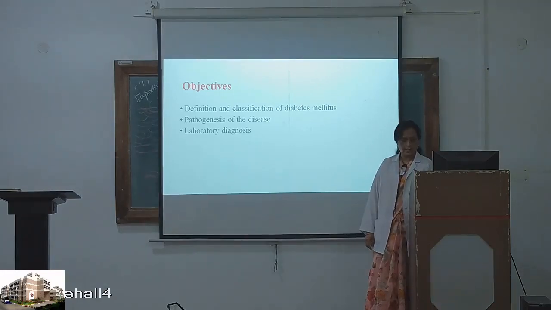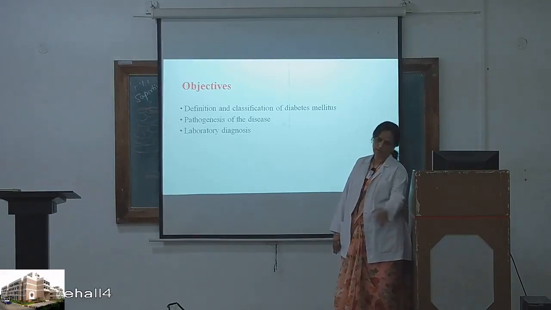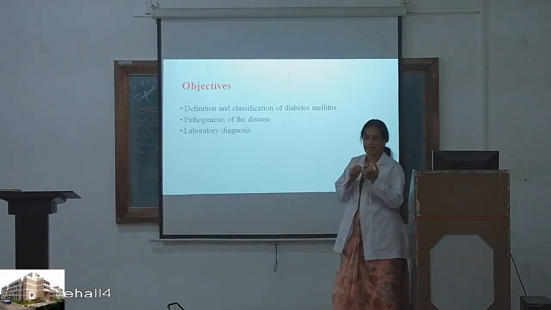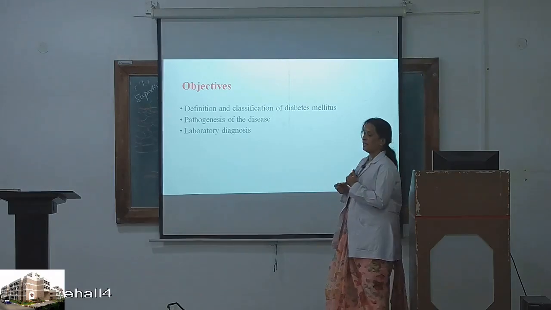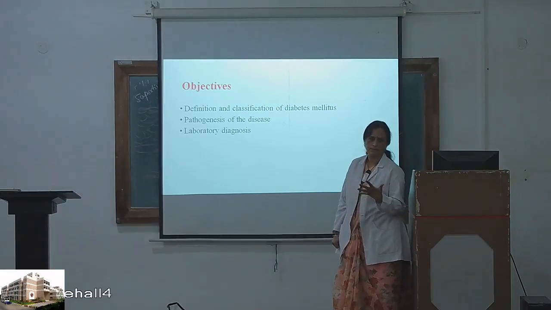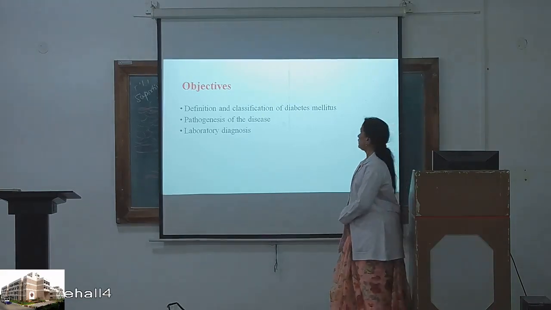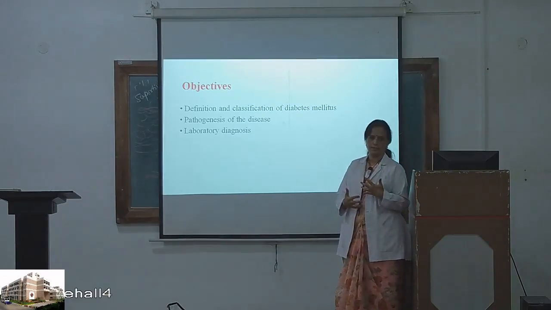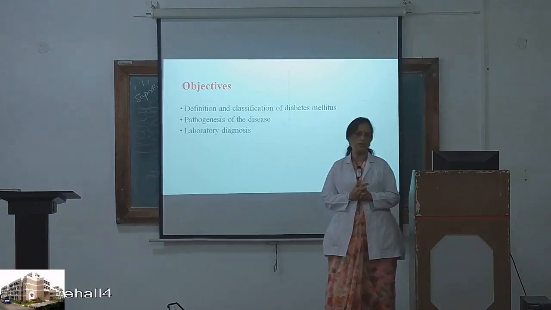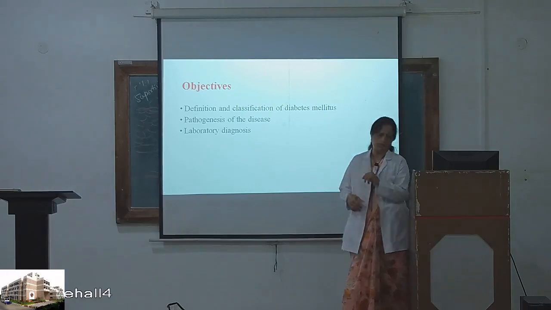That means at the end of this session, dear students, you should be able to define what is diabetes mellitus, and you should know to classify diabetes mellitus, and you should know etiology and pathology. So what is the cause for this and what happens? Etiology is what is the causation of the disease. Pathogenesis, the evolution of the disease. So how the disease occurs and how do we diagnose it? When we talk about diagnosis, here I concentrate on the laboratory diagnosis, the important features.